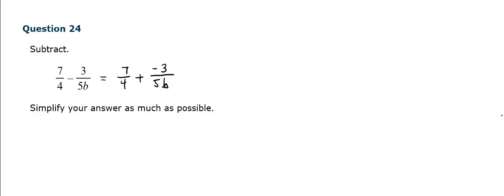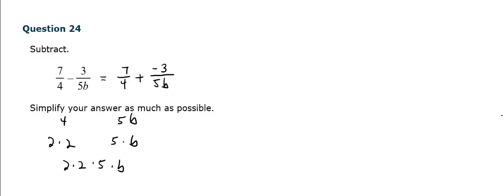Okay, so remember, whenever we're adding fractions, we have to have a common denominator. So we're finding that least common multiple or that common denominator. So our one denominator is 4, which is really 2 times 2. And our second denominator is 5b, which is 5 times b. So remember, we use every factor. So we use 2 times 2 and 5 and b as well.